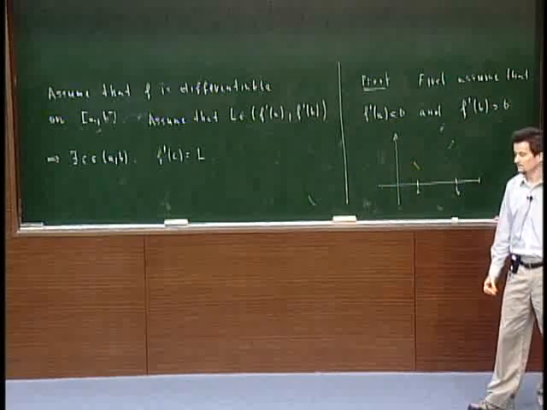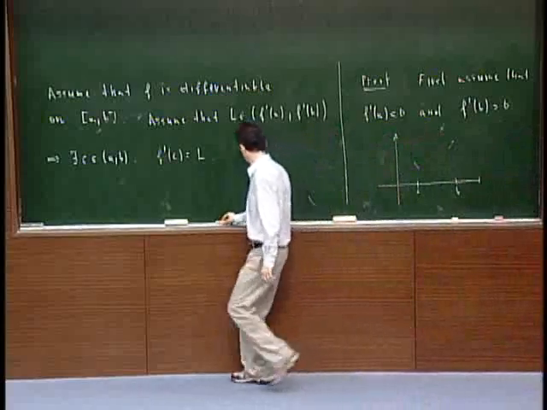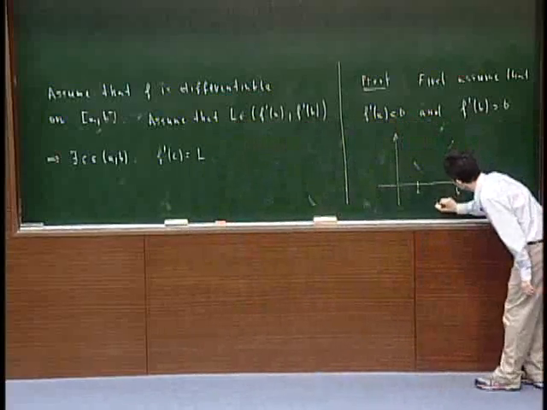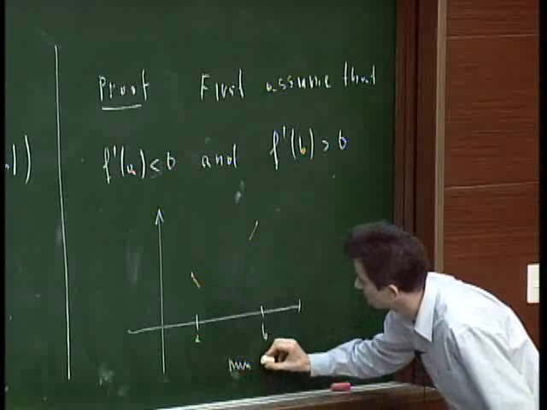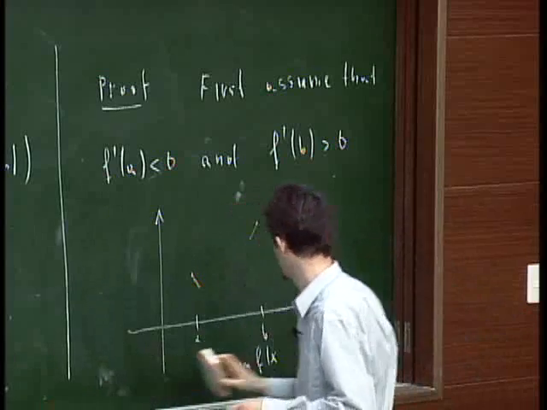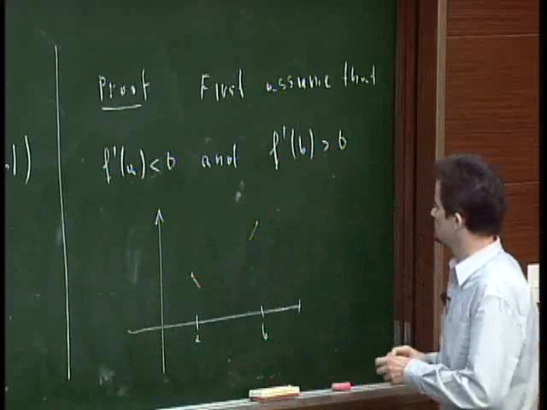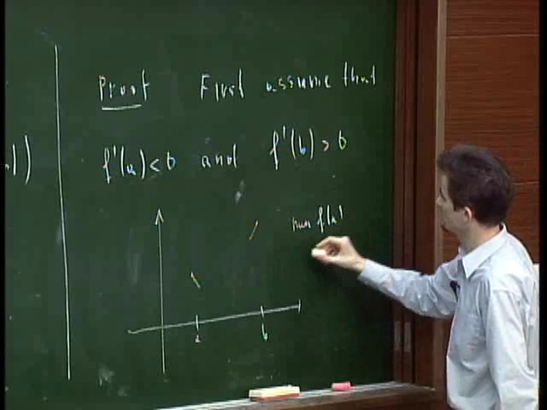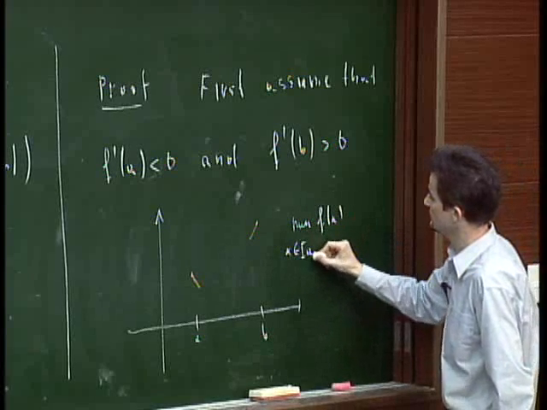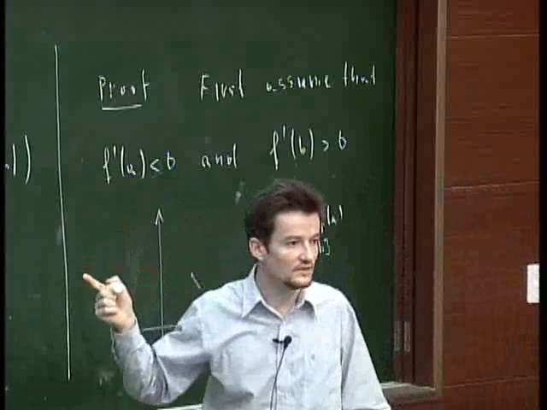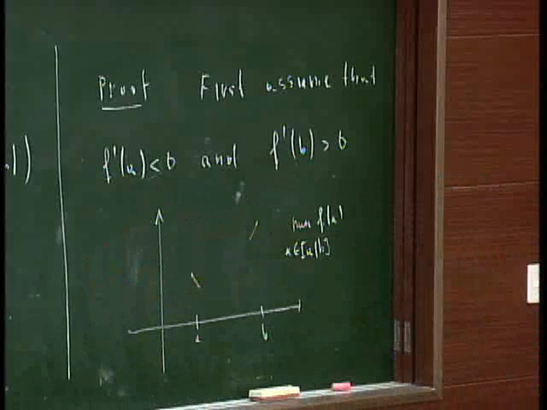Now this means that if you look at the minimum of the function f of x, x in the interval ab, our function f is continuous. So because of the extreme value theorem, there must exist an absolute minimum.